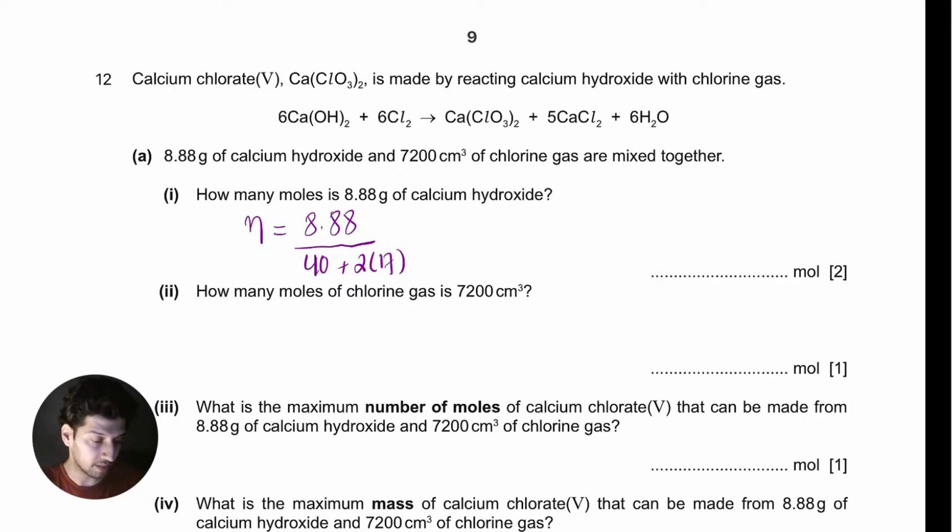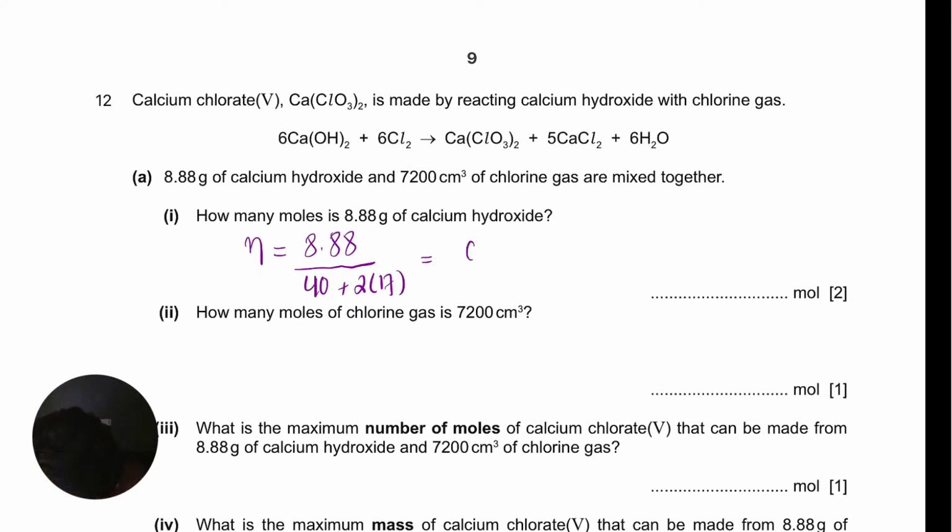I'm just doing it directly. 40 plus 2 times 17 is 74. 8.88 divided by 74 is 0.12 moles.